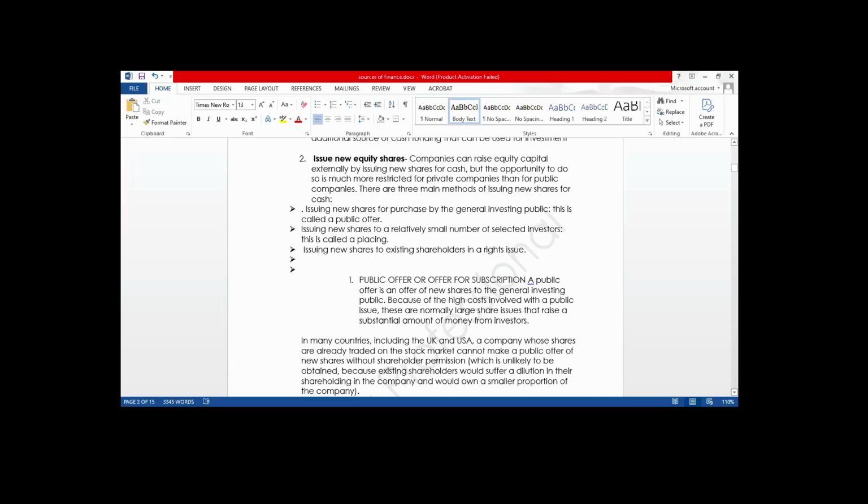Like if you look at 3 to 4 months back, Zenith Bank, Fidelity Bank, FCMB, they went into public offer, issuing their shares to the general public. The objective is to source finance.